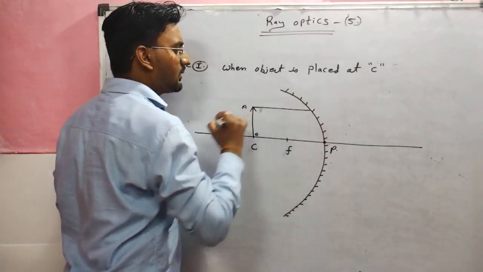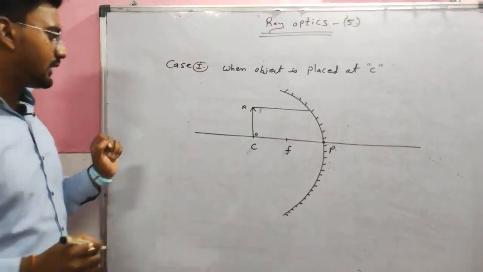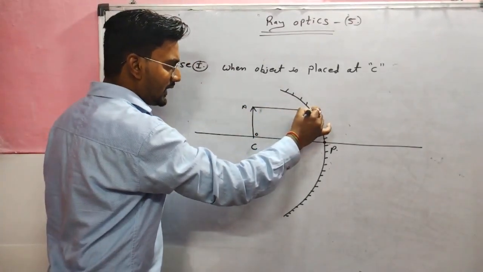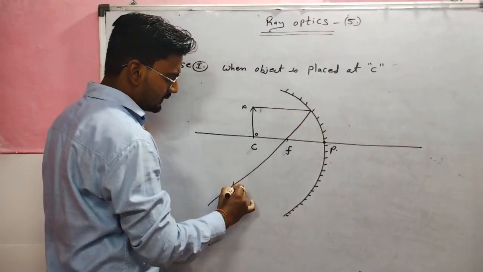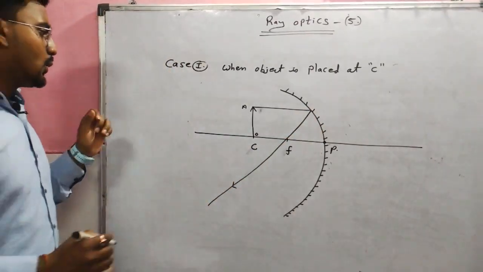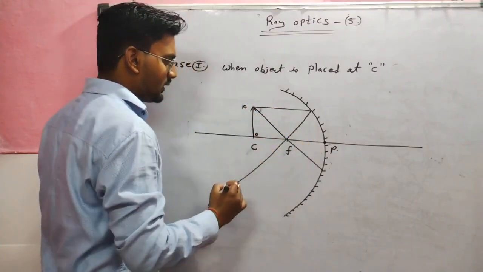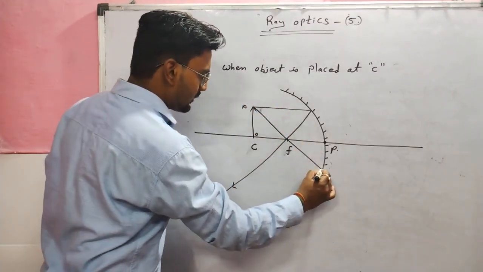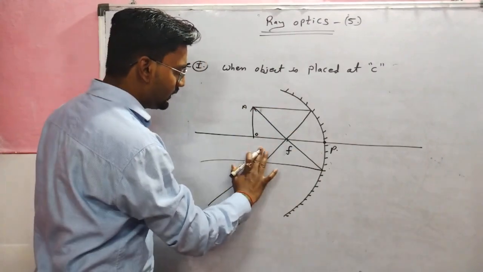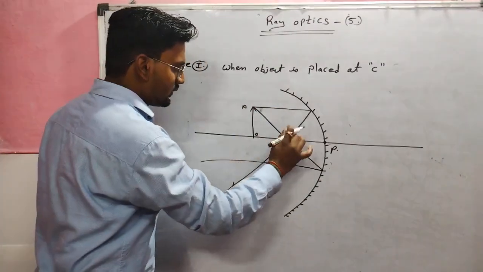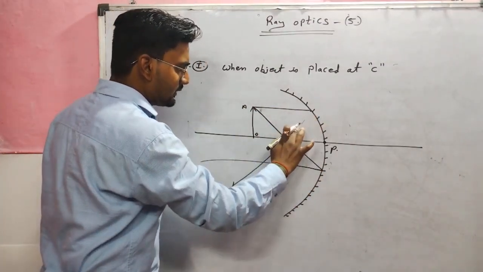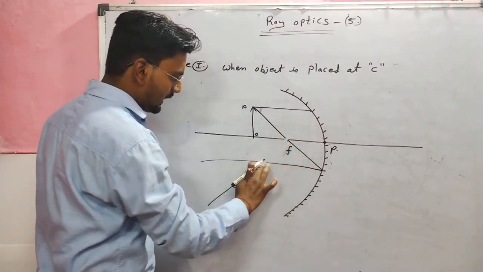When light ray is coming parallel to the principal axis, then we know it will pass from the focus. This is our rule number first. And when light ray is coming at the focus, then after reflection it will pass parallel to the principal axis.